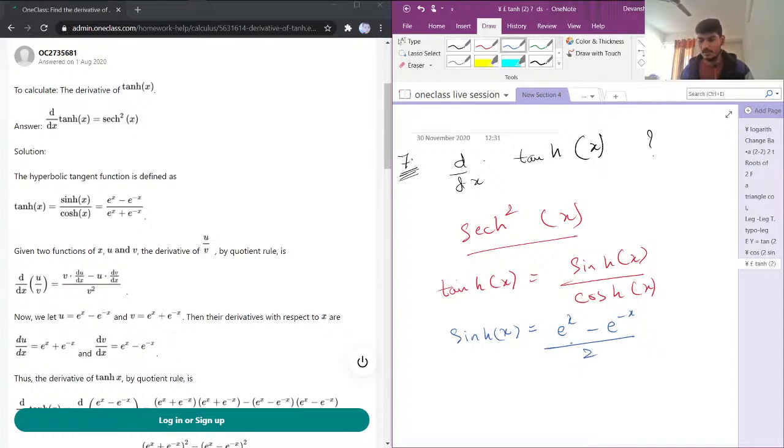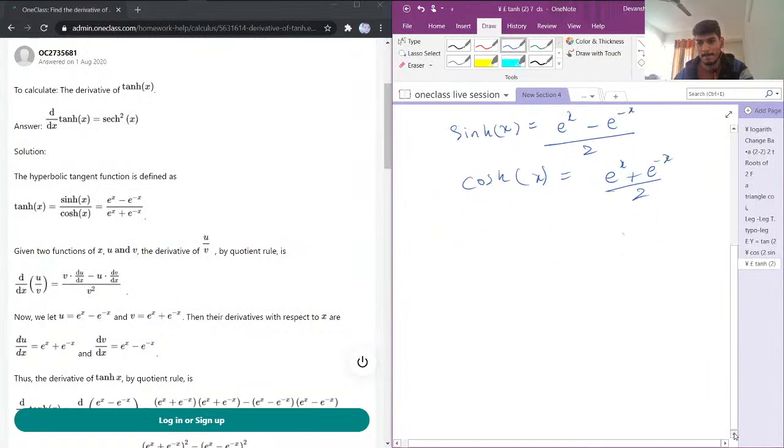Yep, so it was 2 only. And then for cosine hyperbolic of x, we have e power x plus e power minus x over 2.